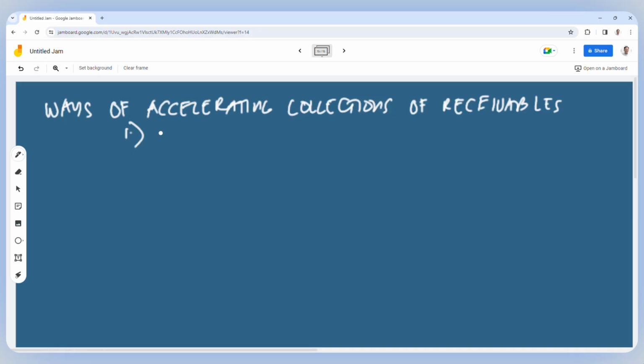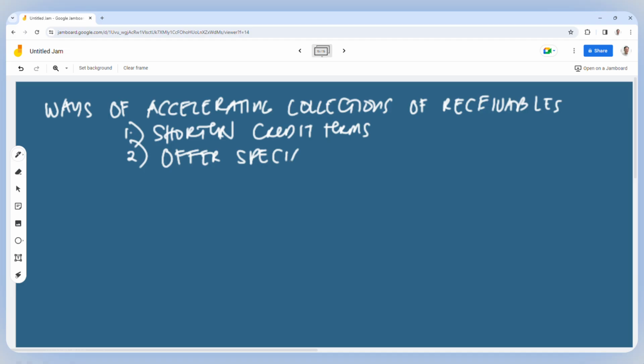Number one, we need to shorten our credit terms, no? Kung pwede 15 days na lang pautangan mo siya, 15 days, no? Also, we'll offer special discounts to customers. Pwede ganun, ha? Offer special discounts to customers, no? Especially yung willing to pay. Alright?